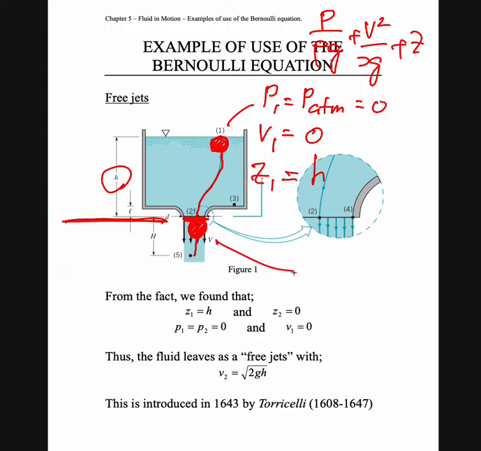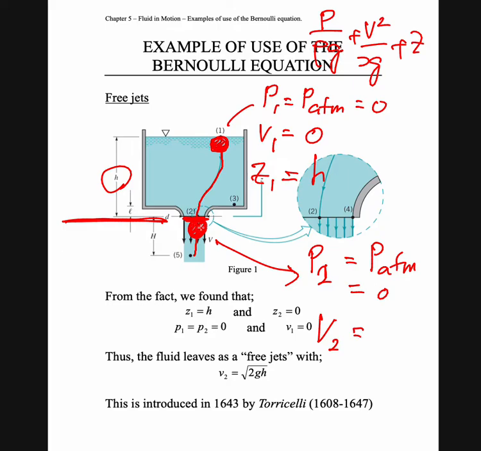Next, at point number 2 here, again, please list down all the parameters. For P2 here, we assume that because the molecule is now free, it is moving in atmospheric pressure, so P atm is equal to 0. Then V2 here, the velocity at point number 2.